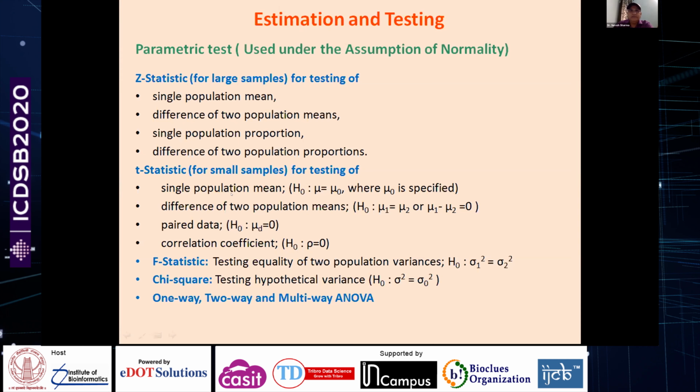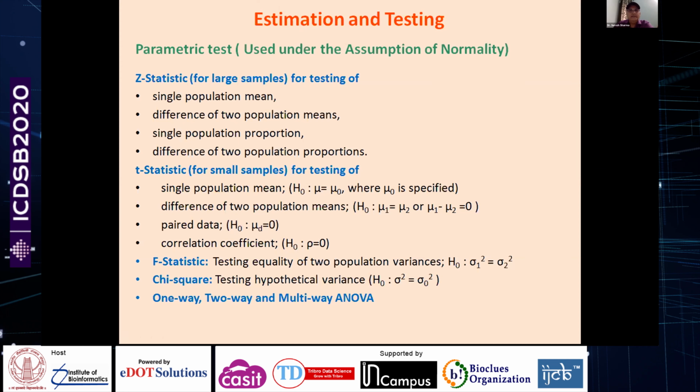And if you want to compare two different regions, you can use a two-sample t-test. And also if you have a before and after situation, you can use a paired t-test. Even for correlation testing, you can use a t-test. So all these are tests which can be handled with the help of the t-statistic. But the important point is these can be applied only when your data is normally distributed.